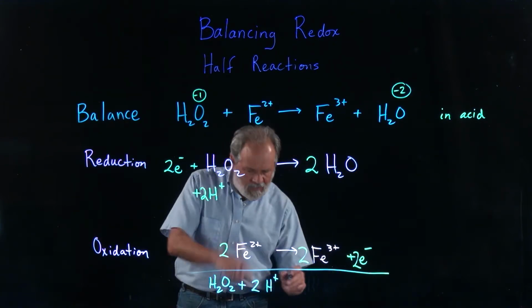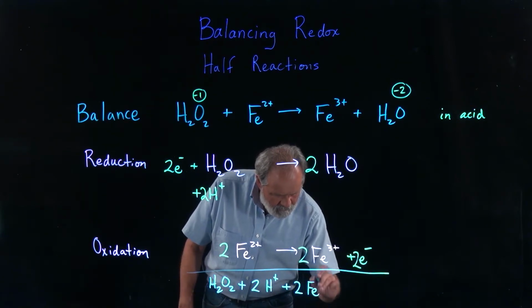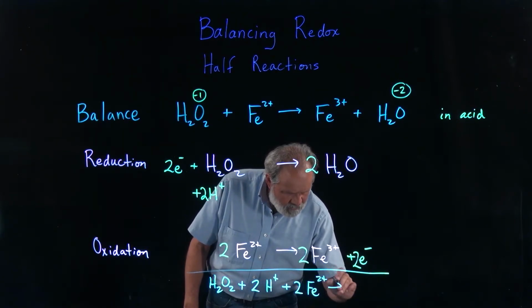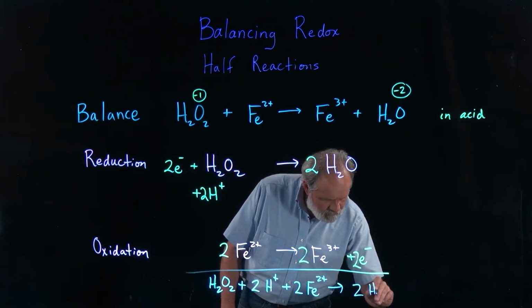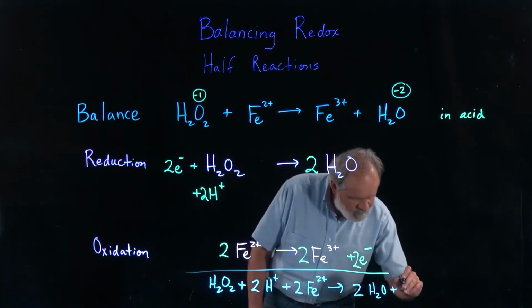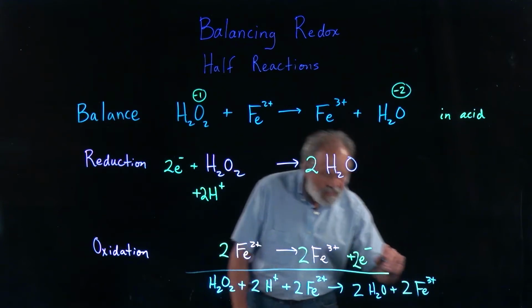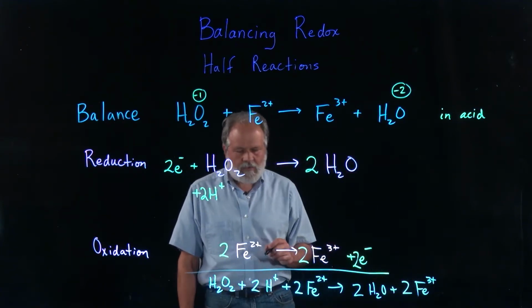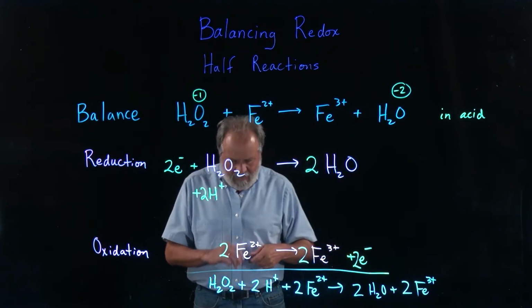Plus 2 irons, iron 2, goes to 2 waters plus 2 iron 3s. And that's it.